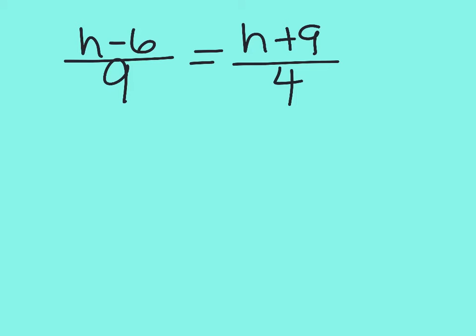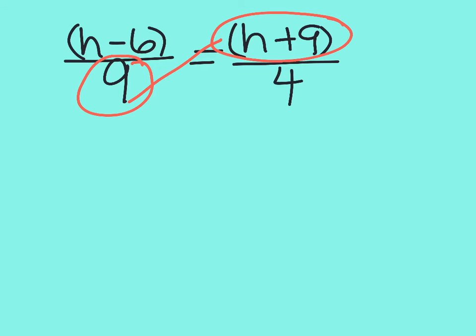Just remember, whenever you've got more than one term in a fraction, it's like they have their own little parentheses, invisible parentheses. So we're going to take the 9 and multiply it with the sum of h plus 9. We're going to take the 4 and multiply it with the difference of h minus 6.